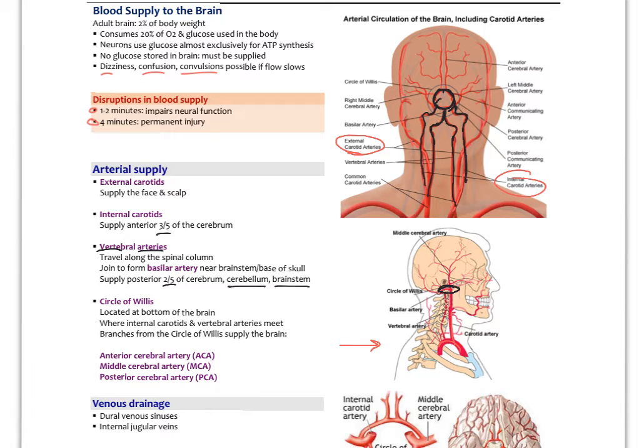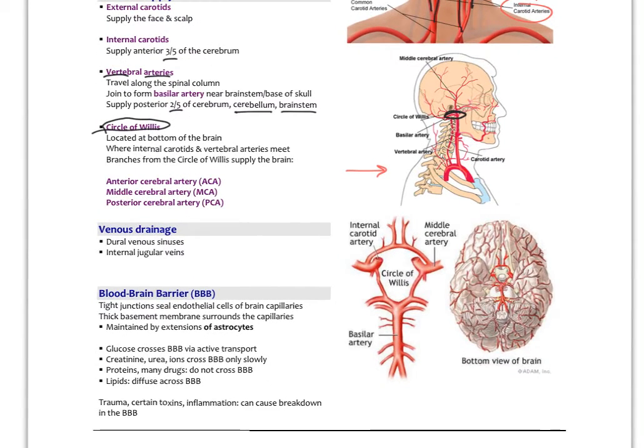So we're going to be looking at the major vessels and understanding what parts of the brain they perfuse. So again, the internal carotids and the vertebral arteries collect at the circle of Willis, and this is at the bottom of the brain. And there are branches that come off the circle of Willis; they're going to supply the bulk of the brain. So here is a picture of the circle of Willis. Here's the basilar artery, and these are, again, the vertebral arteries that fuse there.